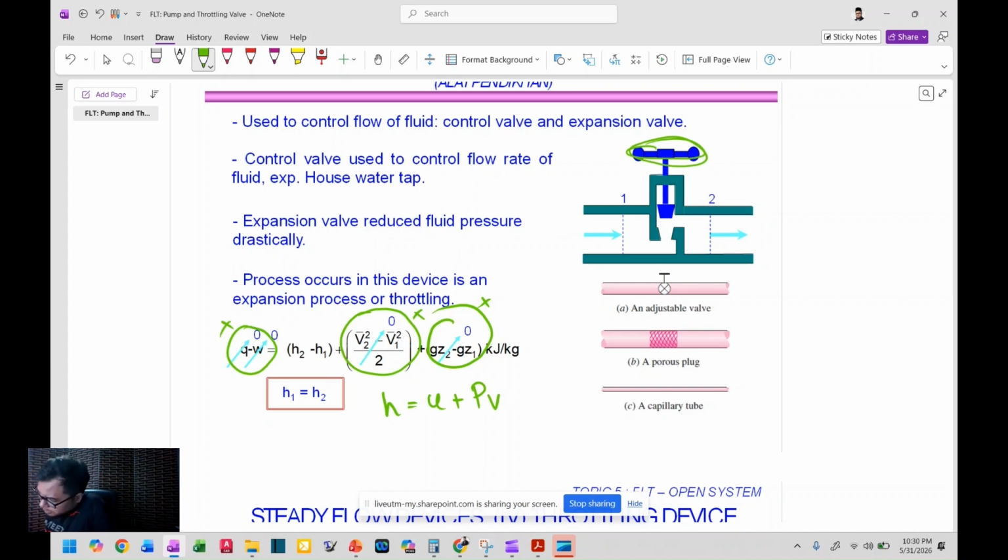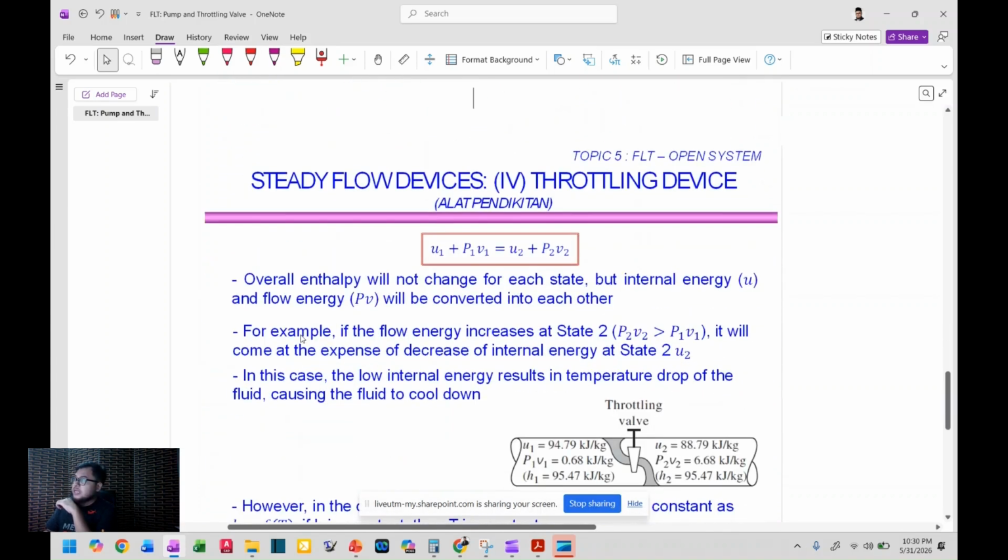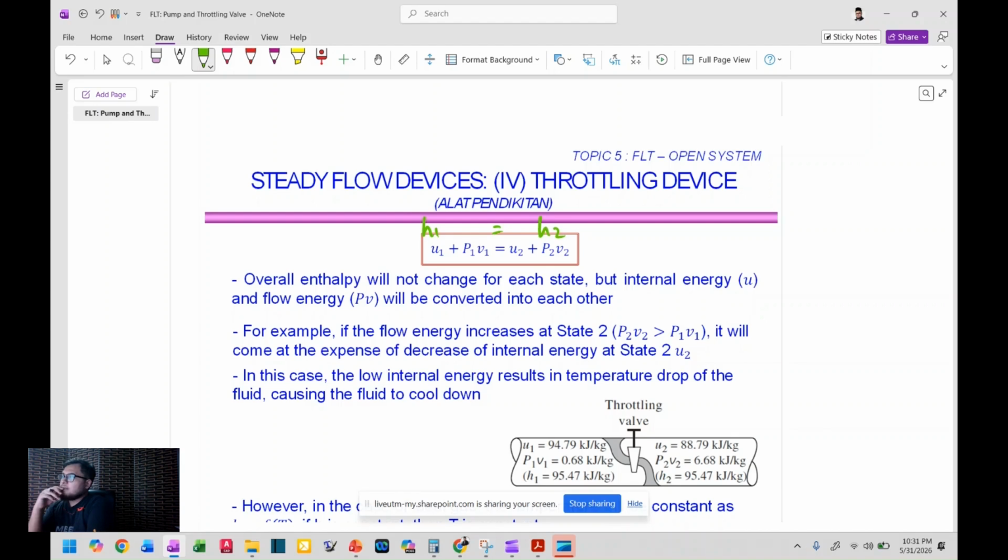So these two make up enthalpy, and in a lot of cases, although H1 equals H2 seems very simple, you need to analyze it with respect to the internal energy U and the flow energy PV. H1 and H2 are both equal, but if you look closely, the analysis will be on the internal energy and its trade-off with the flow energy.